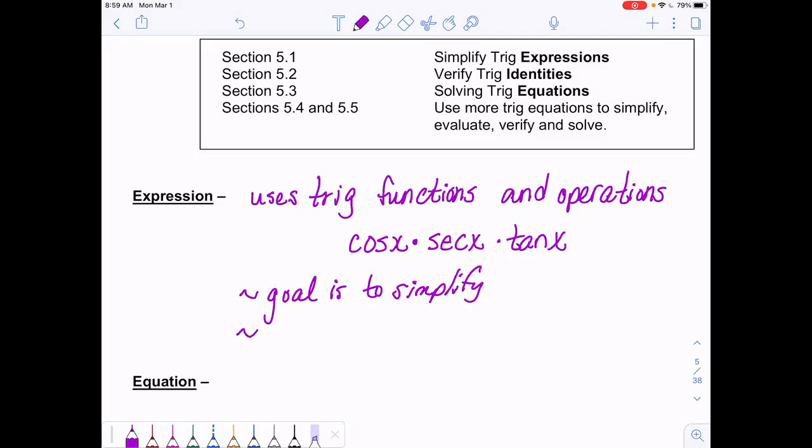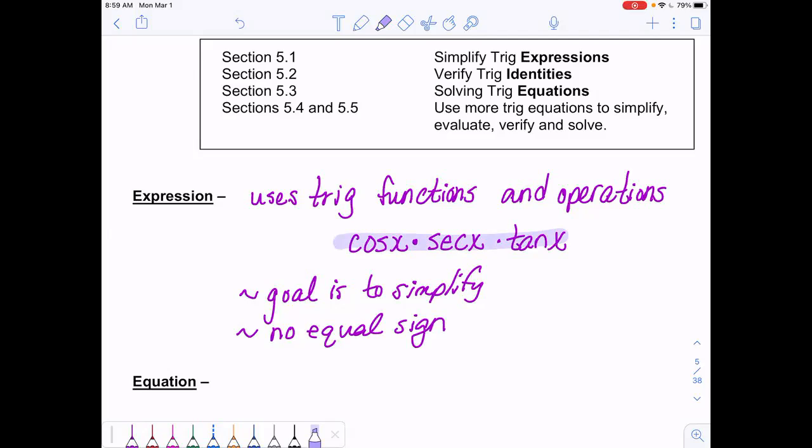The other part of an expression is that there is no equal sign. That's what makes something an expression. So here would be my trig expression, and that's what we're going to work with in section 5.1. We're going to work on that type of problem and try to simplify it in trig terms. So yes, there's going to be some algebra that we do, but we're also going to be using trig to work through it.